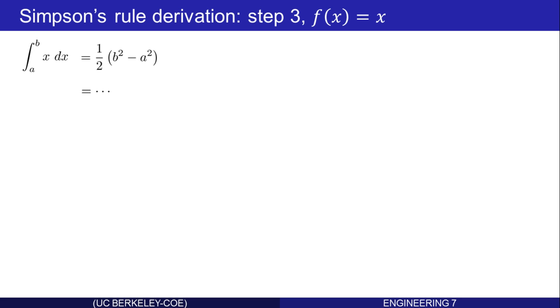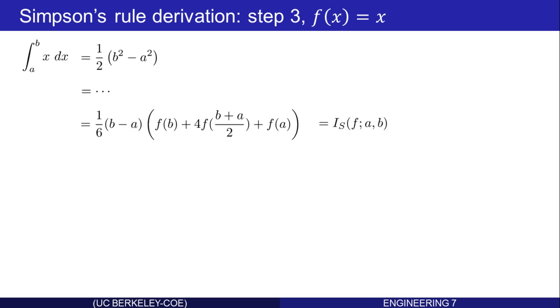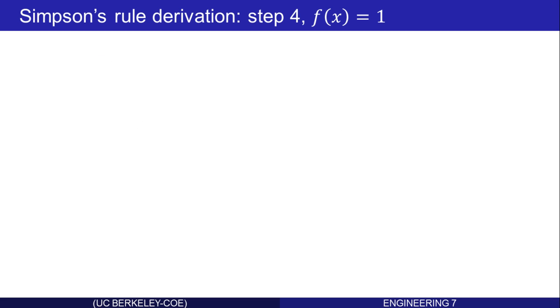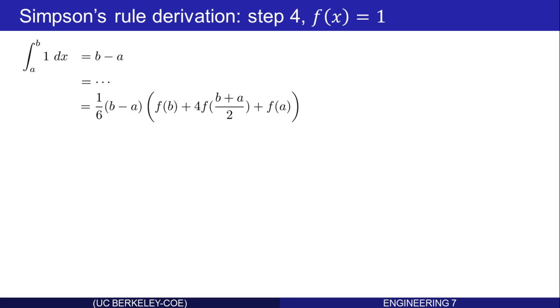Again, follow the same steps and convince yourself that this is also Simpson's formula. Finally, the last step, do it for a constant function, the constant function 1. The integral of 1 is b minus a. A few simple steps, almost nothing to do here, and it is again Simpson's formula.